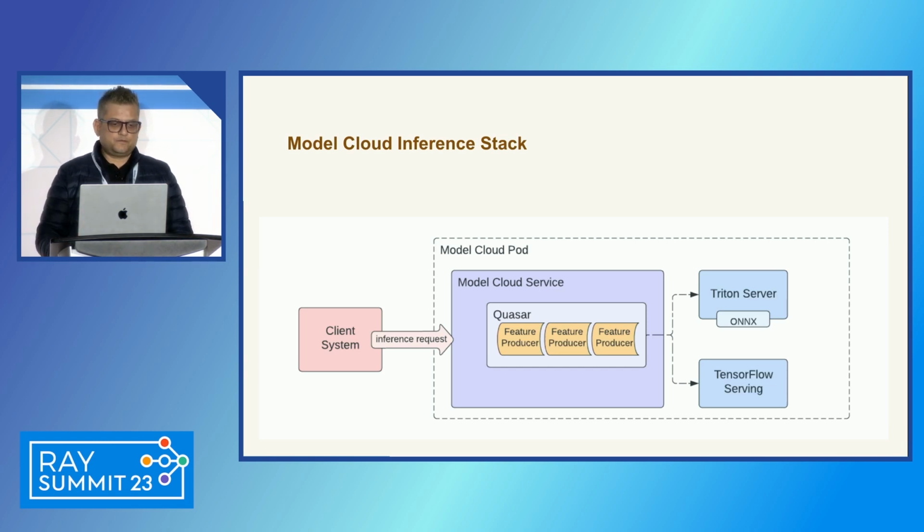Just to start off, this is our inference stack. It's a very standard inference stack you would probably find anywhere. If you go to any company, you'll probably find this. You basically have a serving service which is capable of serving models.